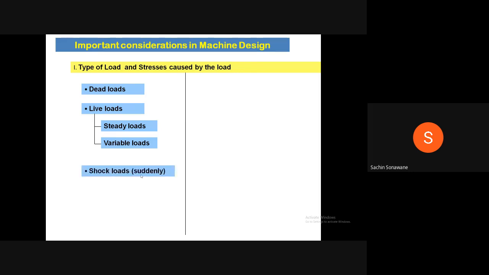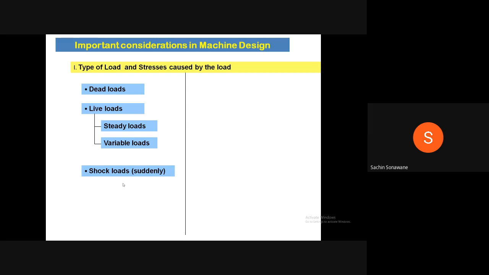Now, shock loads. Shock means force. It is a sudden load. When do you feel this shock load? Suppose our vehicle is going on the road, and suppose there is a ditch on the road. Whenever our vehicle passes through that ditch, what do we feel? We feel a sudden shock on our back.